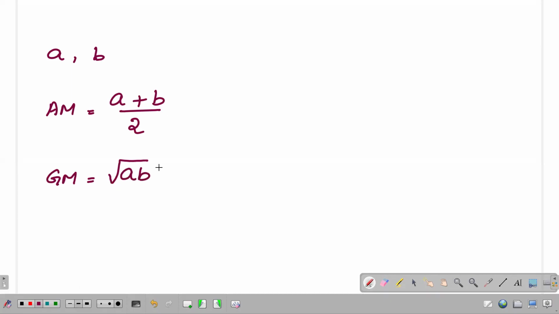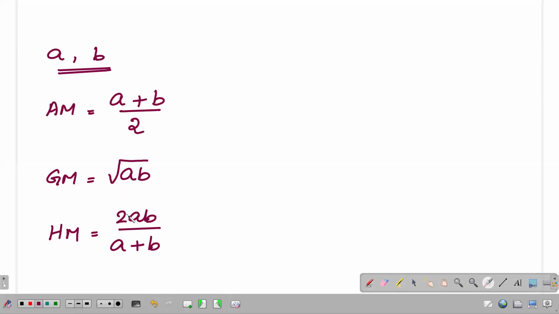Now, there is something called harmonic mean. Harmonic mean will be 2ab by a plus b. I want you to make a note of this. Consider two general numbers a comma b. Their arithmetic mean will be a plus b by 2, geometric mean will be root ab, and harmonic mean will be 2ab by a plus b.